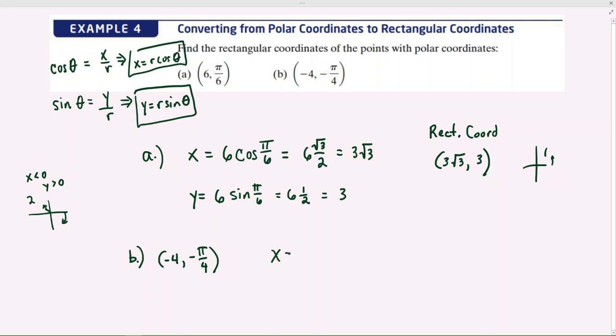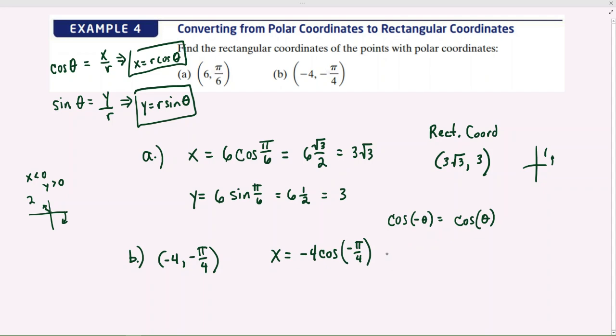So let's calculate x. It's going to be the -4 times the cosine of -pi over 4. Okay, and if we remember the even-odd properties, when we have a cosine of negative theta, it's equivalent to cosine of theta, right?